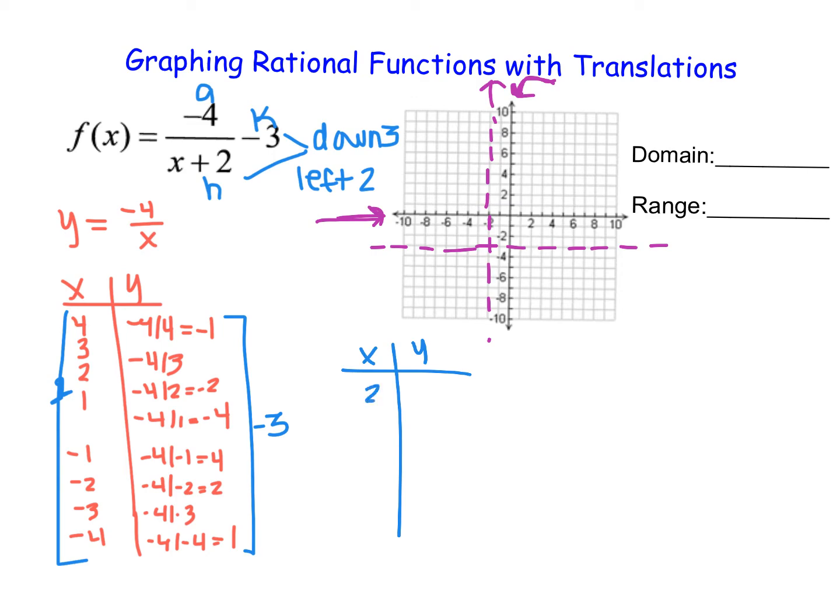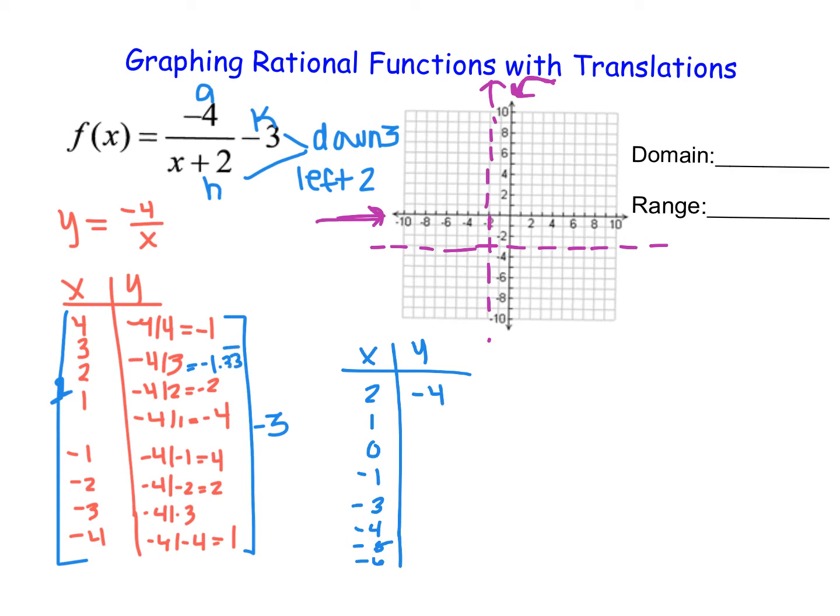So I have 2, 1, 0, -1, and then -3, -4, -5, -6. And then for all my y values, I'm going to subtract 3. So I have -4. Then this one is really -1.33 repeating.